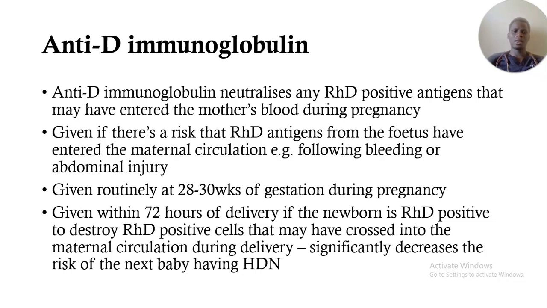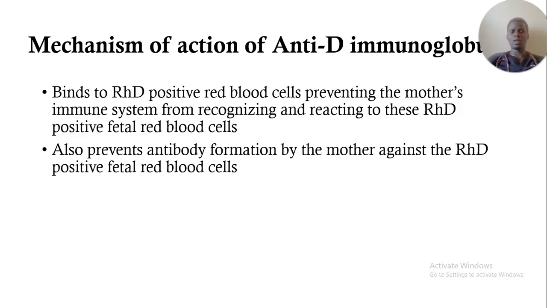How do these anti-D immunoglobulins work, what is the mechanism of action? They bind to the rhesus positive red blood cells from the baby, the ones which have crossed and mixed with the maternal circulation, and they prevent the mother's immune system from recognizing these foreign antigens which have crossed. So they neutralize, in other words. They prevent the mother's immune system from reacting and producing the antibodies which will destroy the red blood cells in the next pregnancies.